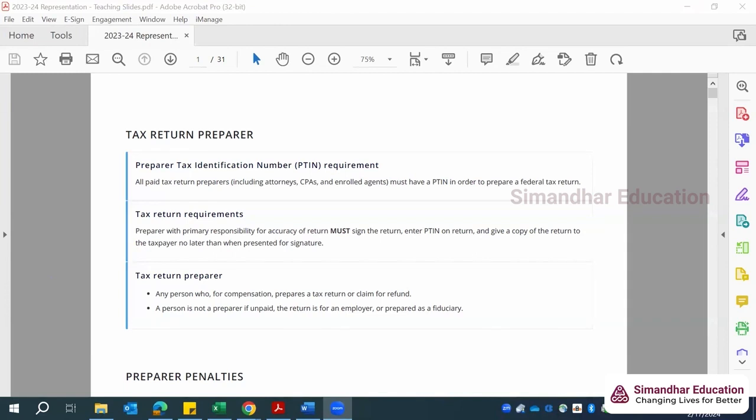A person who's signing the return and looking at the overall substantive accuracy of the return is also a preparer. So not necessarily only the person who is signing the return is called a preparer. A person who's not signing the return, but substantially preparing most of the tax return, is also a tax return preparer.